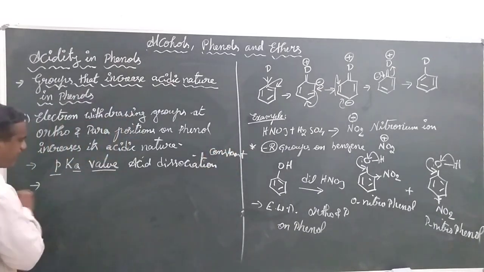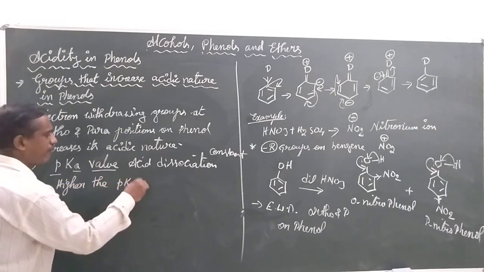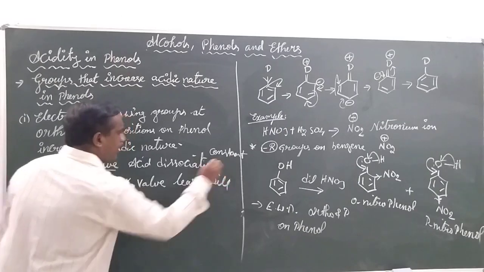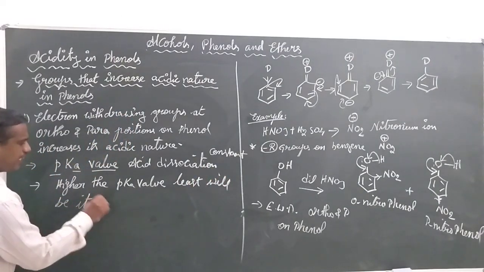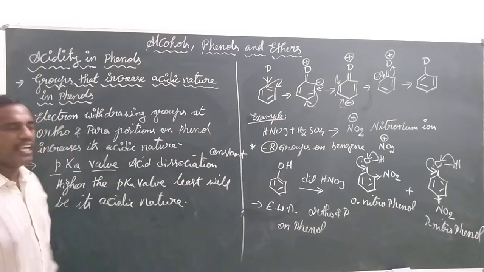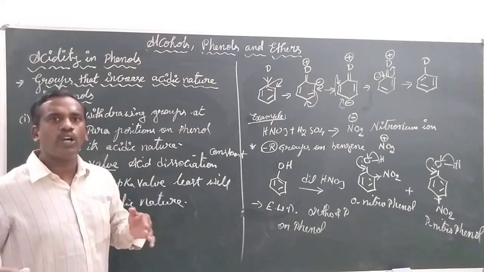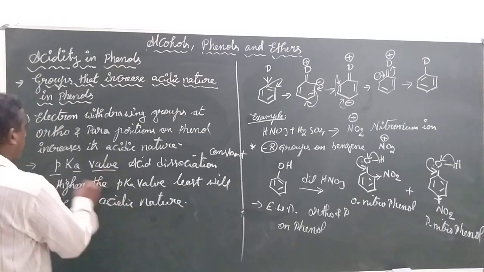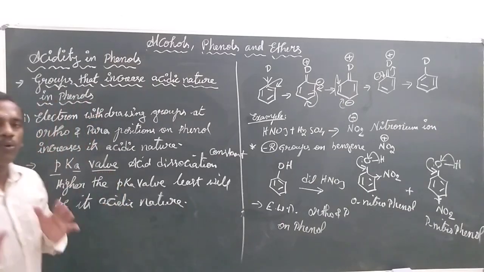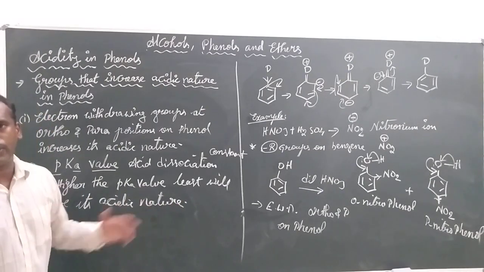Here, the main point is: the higher the pKa value, the lesser will be its acidic nature. Higher the value, least will be its acidic nature. Means when the pKa value is increasing, acidic nature is going to decrease. So keep this point in mind about the pKa values. We will have a detailed description about pKa values later. But the point you must come across is: higher the pKa value, least will be the acidic nature.